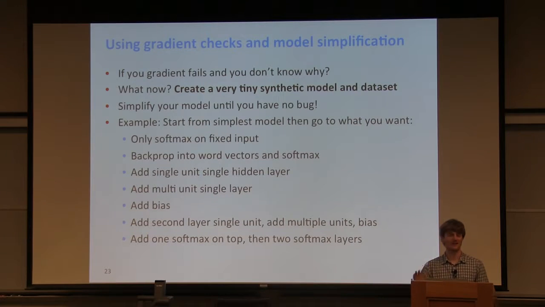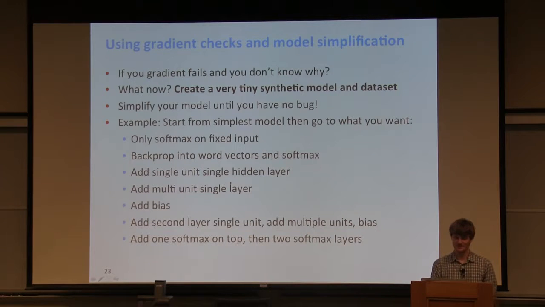That's basically just standard logistic regression. You make sure that that is correct. And then you might say, all right, now let's backpropagate into the word vectors. Maybe you had a bug in how you pull out the word vector from your general word vector matrix. And then you train both jointly and you see if there's some issue with joint training.